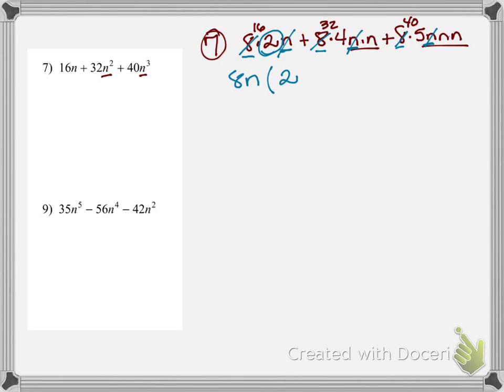I've got a 2. And the plus, of course. I've got a 4. I've got an n. I've got a 5. I'll circle that plus just to make sure everybody's clear on that. I've got a 5. And I got 2 n's, which makes n squared. And that is how you do number 7.